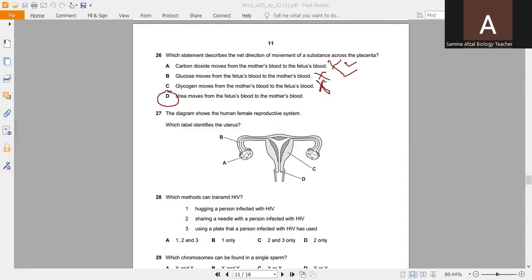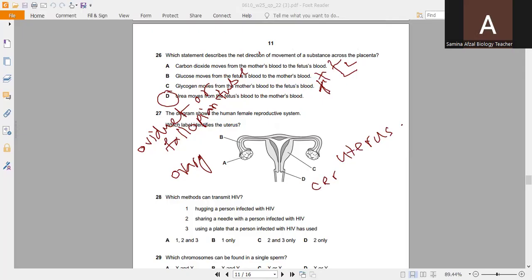So here A is the ovary, B is the oviduct or fallopian tube, and C is the uterus or womb, and D is the cervix, which is between the uterus and the vagina.